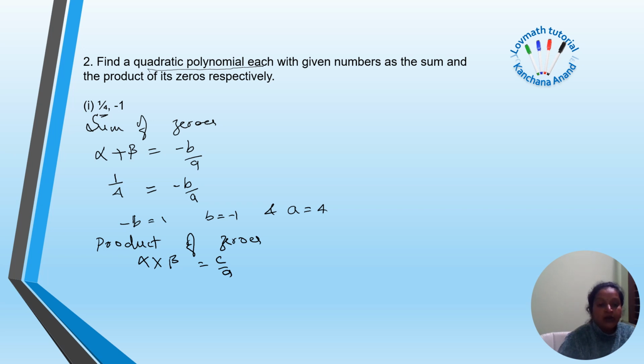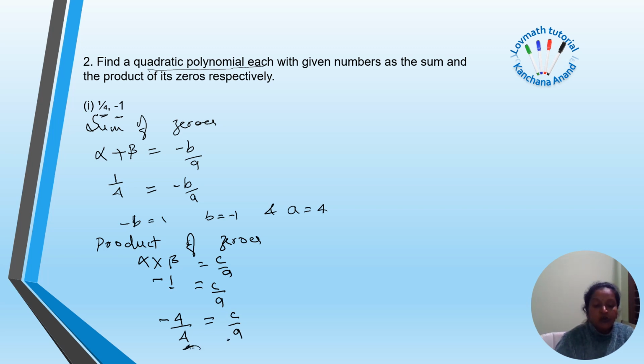Alpha into beta is, they have given, minus 1, which is equal to c divided by a. We can write this minus 1 as minus 4 divided by 4. The value doesn't change. So minus 4 by 4 is equal to c divided by a. Therefore here the value becomes equal to 4.